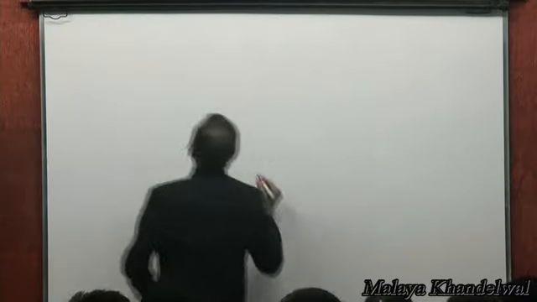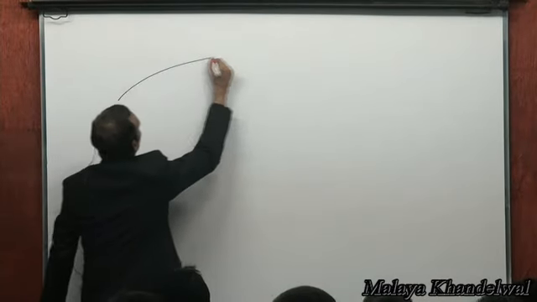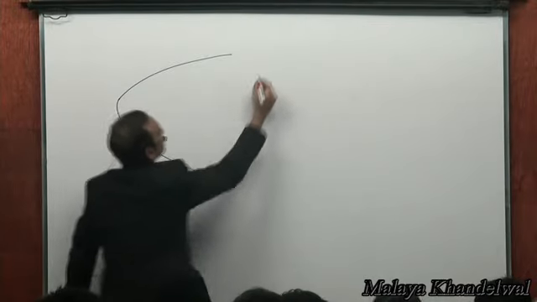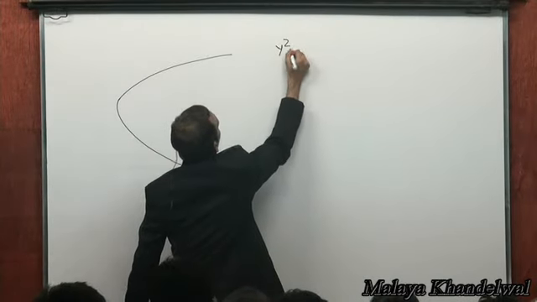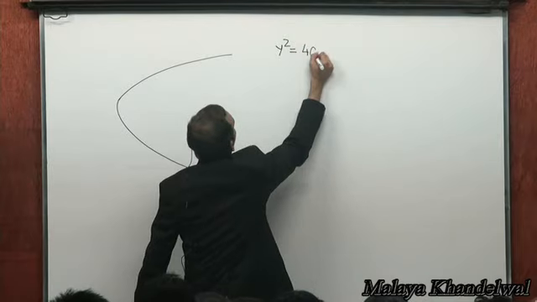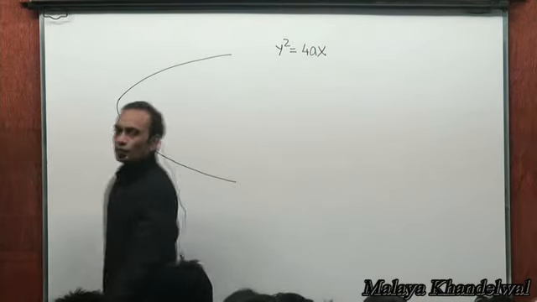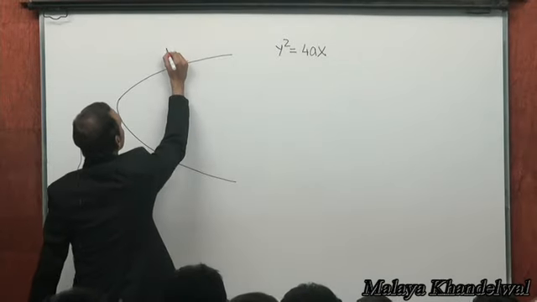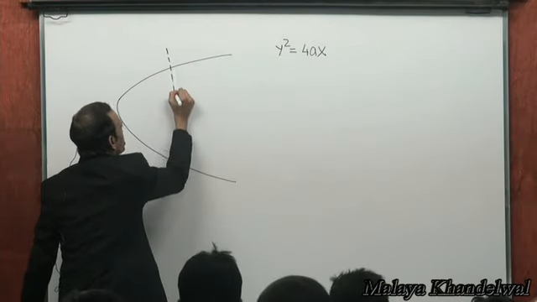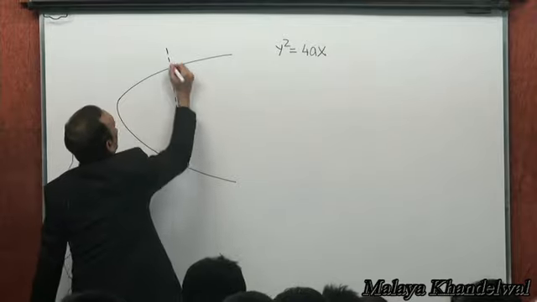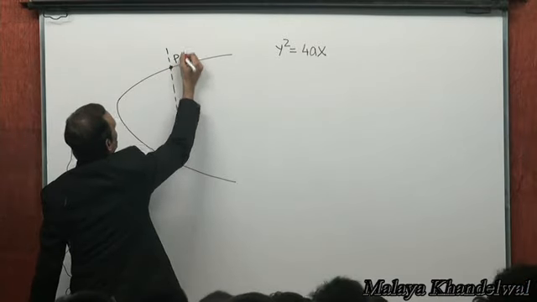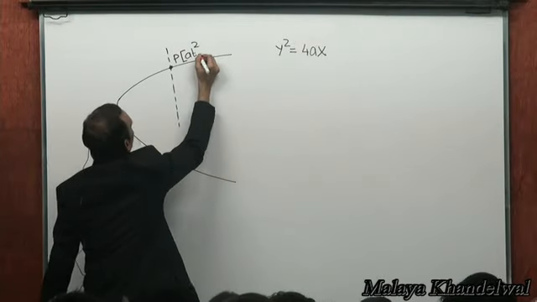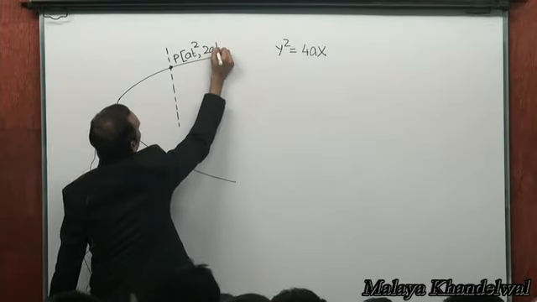So what we arrived at is the following. Let's say this was a standard parabola, y squared equal to 4ax. And this is a normal at a point P referred to as t, whose coordinates therefore are (at squared, 2at).